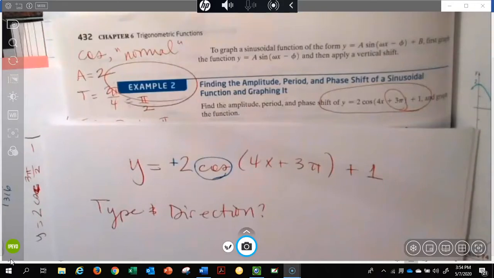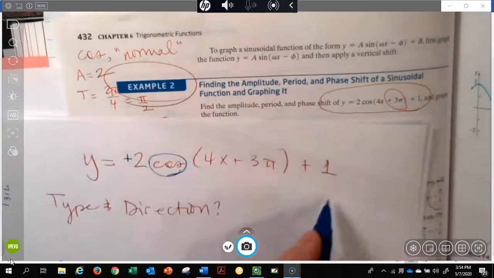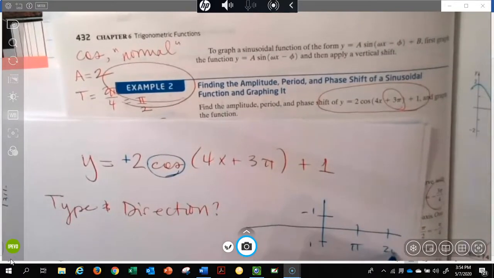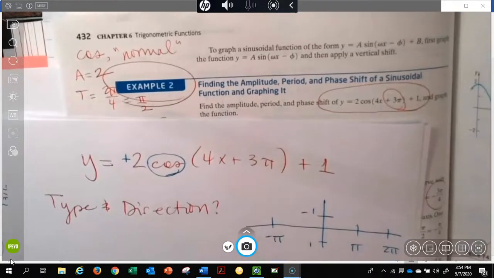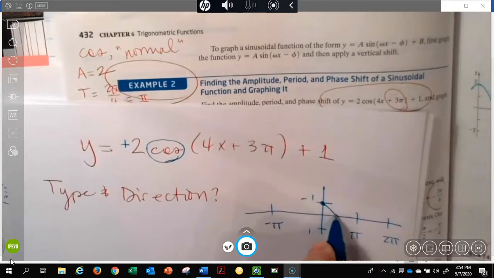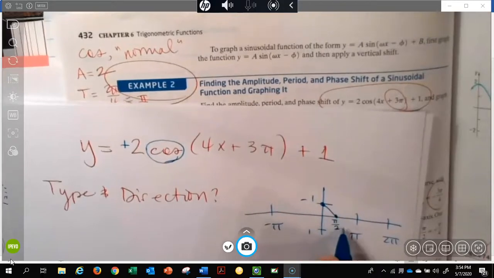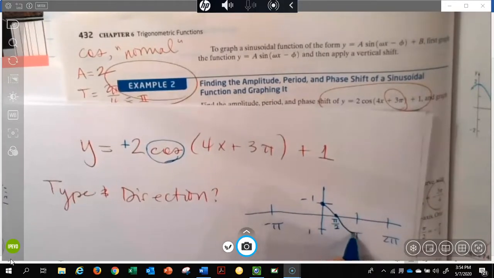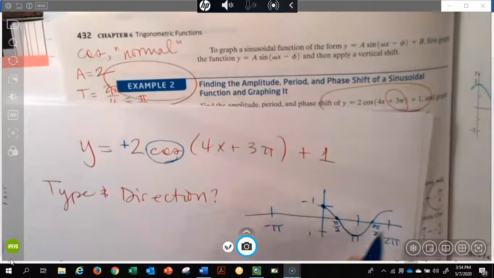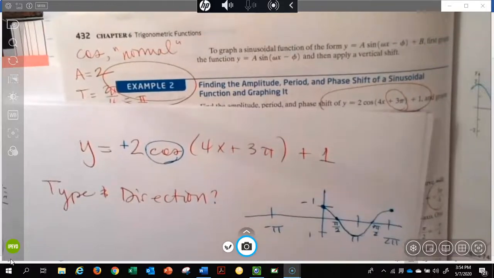We know what our normal cosine graph looks like, and we can even come off on the side and look at that. A normal cosine is going to start up top, cut down through 0 at pi over 2, go down to the bottom at pi, come back up through 0 at 3 pi over 2, and then end back up at 1.